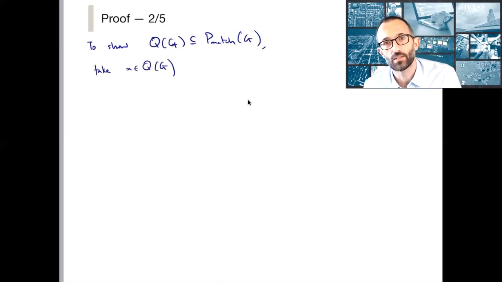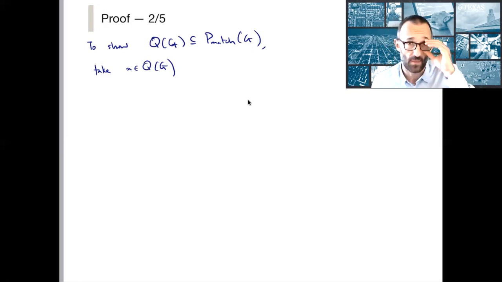P match is not specified in terms of inequalities. Yes, there are some, but the only inequalities in P match are already contained in Q, so that won't help us. What we have to do to show that x is in P match is to write it as a convex combination of those chi vectors, because that's the only thing we know is in P match. That is how our description of P is specified.